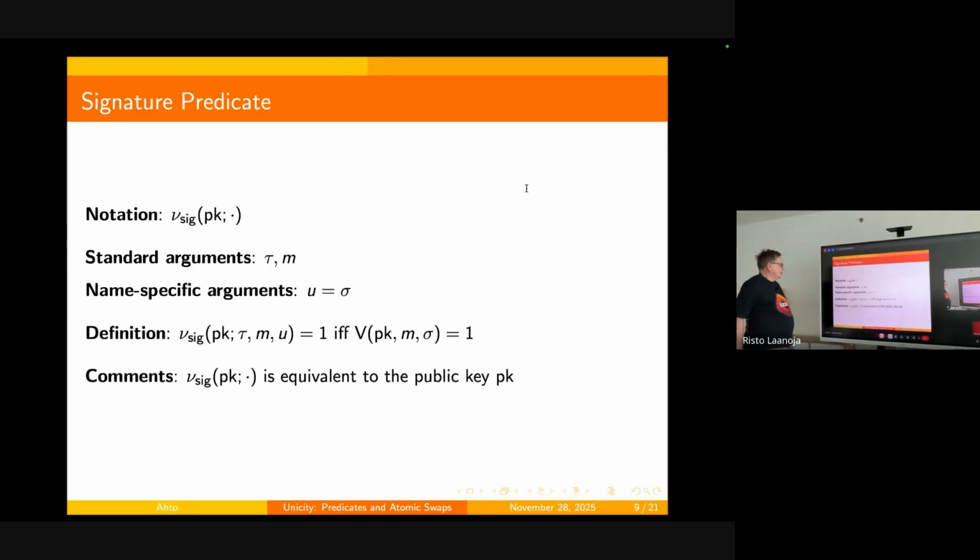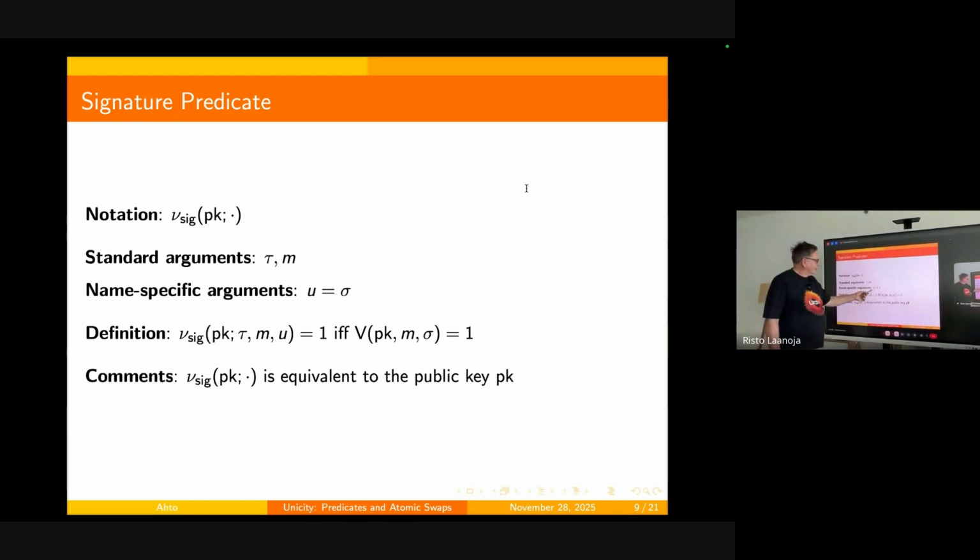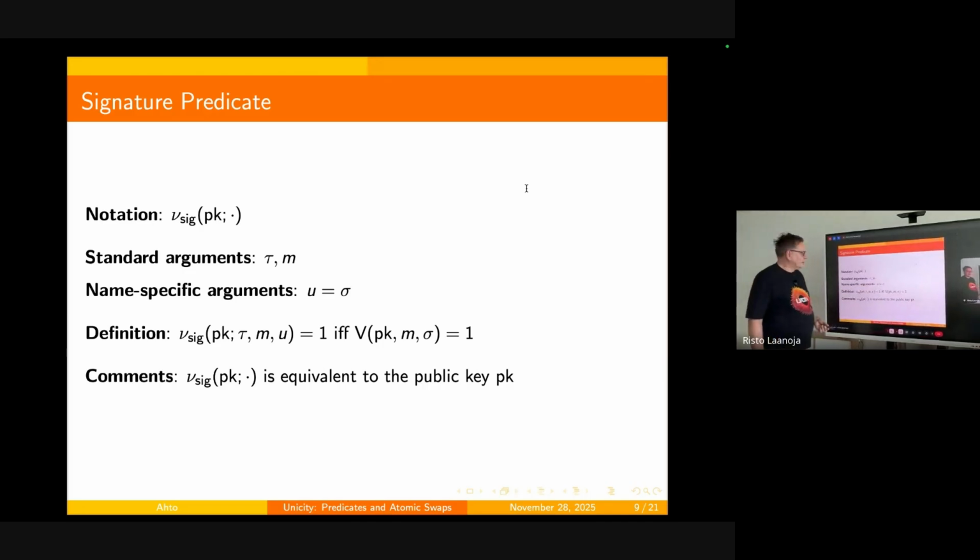Okay, examples. How to implement a simple signature predicate, or in Bitcoin terms, pay to public key predicate. We have one parameter, which is the public key. We have standard arguments, which are system time and message hash. And we have name-specific arguments. There is only one, which is the signature.